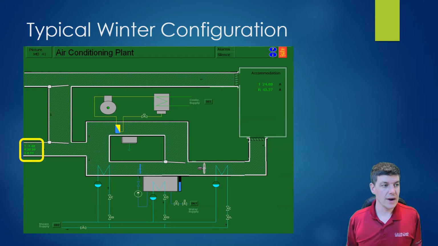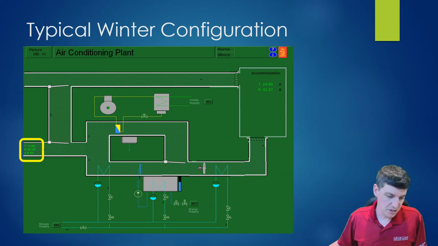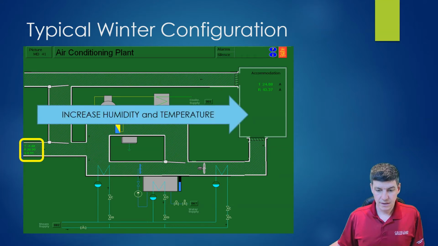And we have our X value, which is the absolute humidity. And so our air is holding 0.94 kilograms of moisture. So we have some conditions, and ultimately what we want to do is increase our humidity and temperature, both are low, in order to try to get comfortable conditions in our accommodation area.